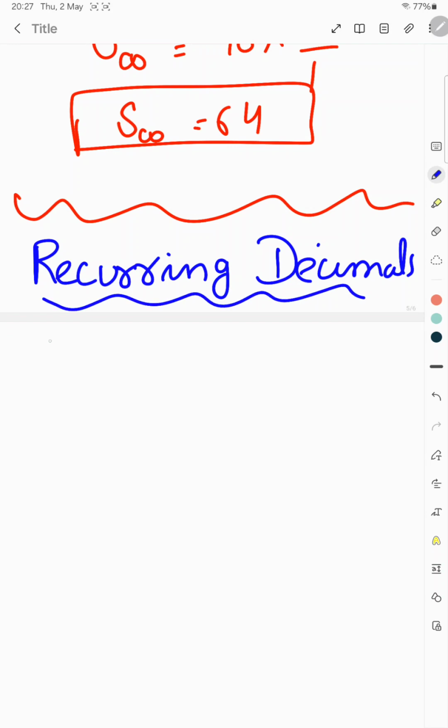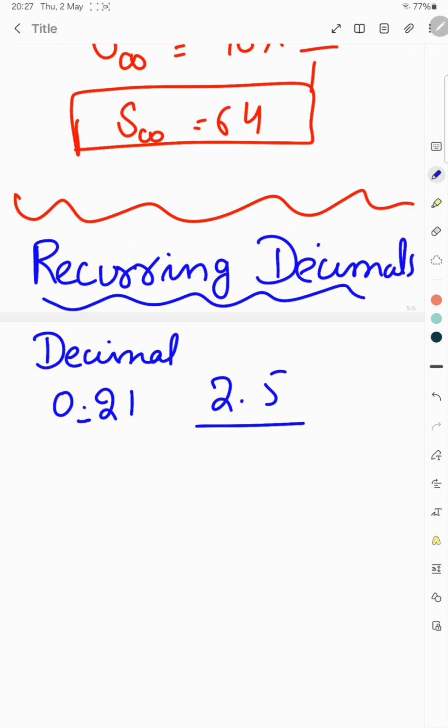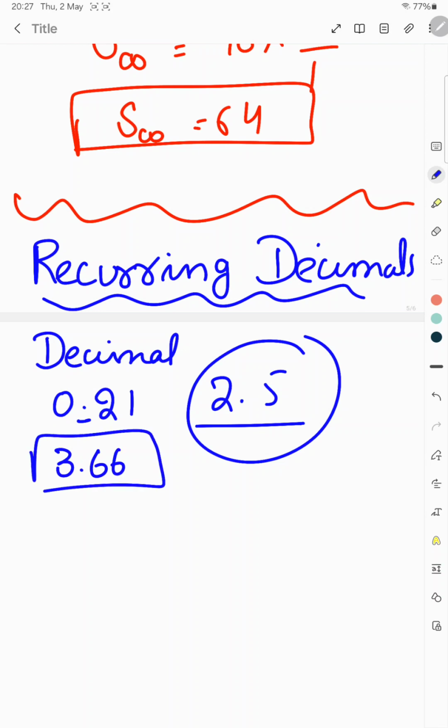What are the decimal numbers? Decimal numbers are all the numbers which have a point between the numbers. Okay, whenever a point is involved, you have to just understand that it is a decimal number. These all are decimal numbers.